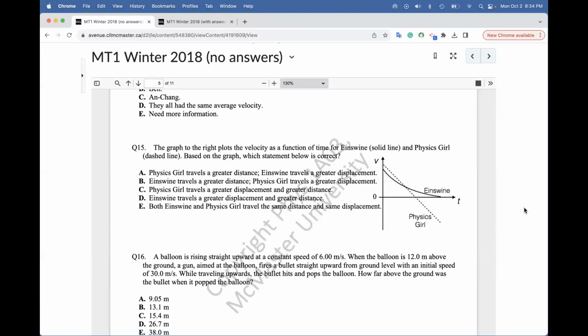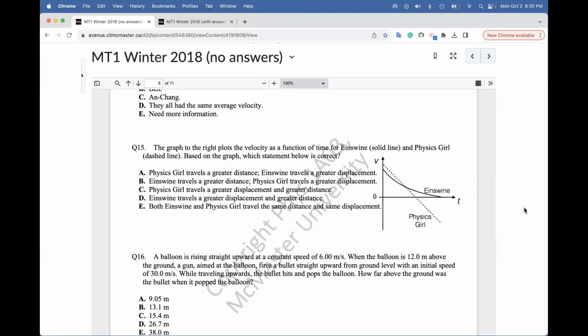So if we don't subtract them, that would account for distance, I believe, and not displacement, because displacement would be the change in position. So just based on that, I believe that physics girl would travel a greater distance while Einstein would travel a greater displacement.